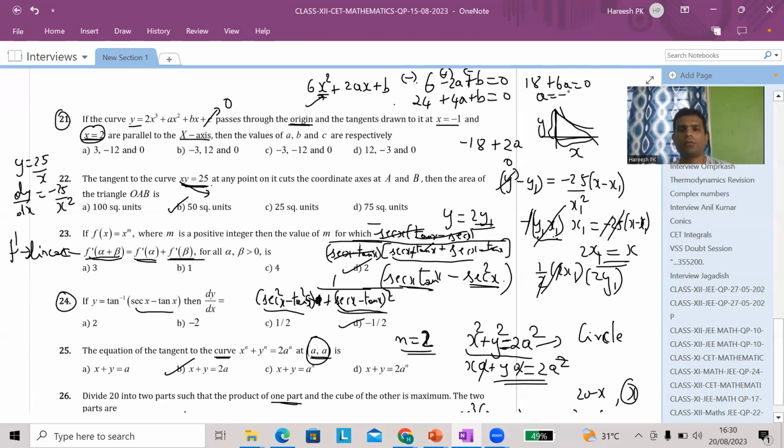Now substitute a is minus 3 in any of the equations. If you substitute here, you'll get 24 minus 12 plus b should be 0. So b should be minus 12, right? So b also should be minus 12. So that's option A. Thank you, students, for your patient hearing. Hope this helps.